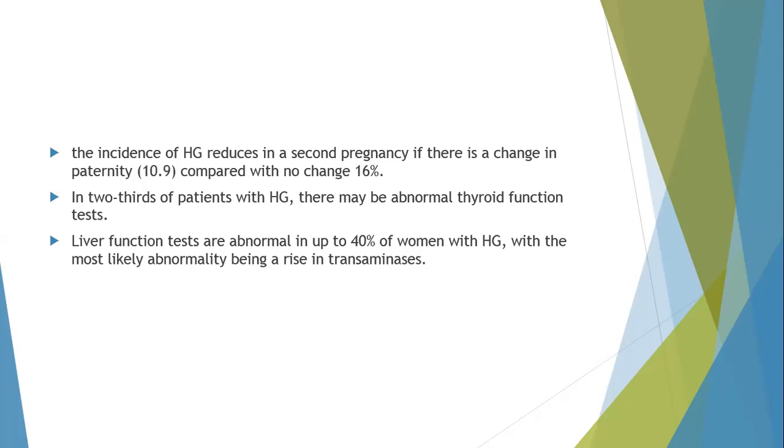It is 10.9%. This is the incidence if the paternity is changed, and if not changed, it is 16%. In 2/3 of patients with hyperemesis gravidarum, there may be abnormal thyroid function tests. Liver function tests are abnormal in up to 40% of women with hyperemesis gravidarum, with the most likely abnormality being a rise in the transaminase.